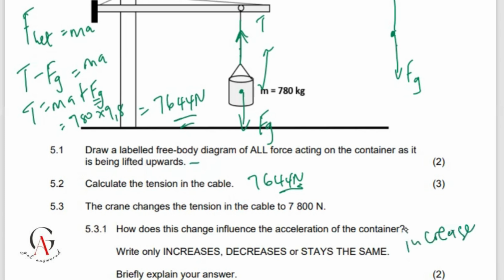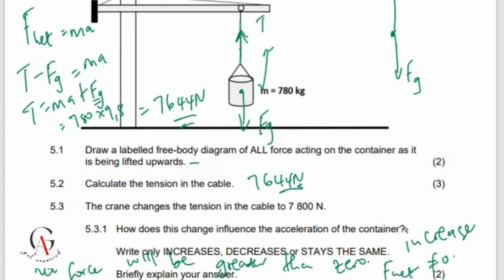And what is the brief explanation? It's going to be the net force. Net force will be greater than 0. In other words, our F net is not going to be 0. But as long as it's not 0, it has to increase.